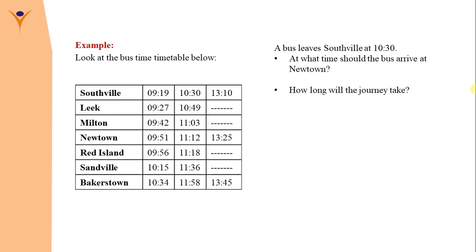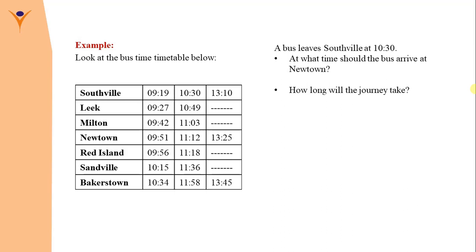To answer this question, we go to the table and locate Southville. As you can see, Southville is the first town on the table. It says it leaves at 10:30. On that particular row where you have Southville, you have 9:19, you have 10:30, you have 13:10.